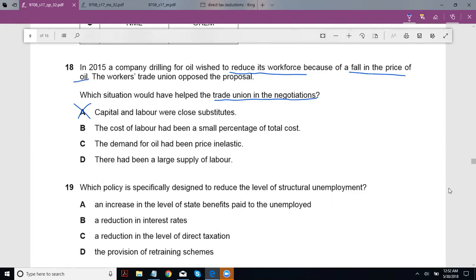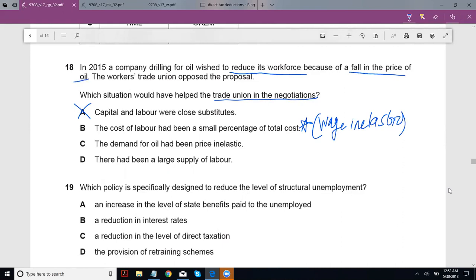The cost of labor had been a small percentage of total cost. Well, that could help, because that means it is wage inelastic, meaning that an increase or decrease in wages wouldn't have that big of an effect on the amount of labor that is employed.